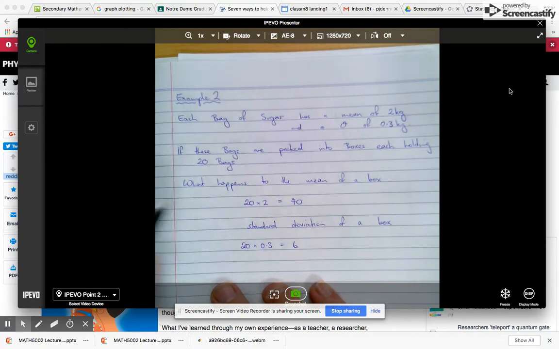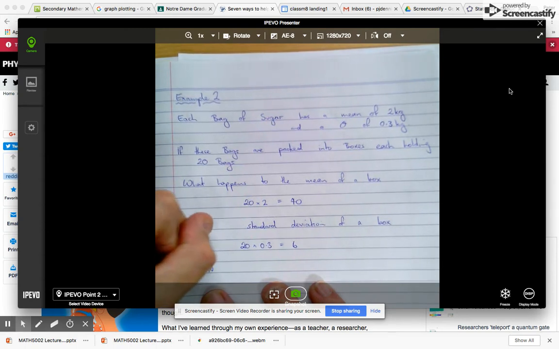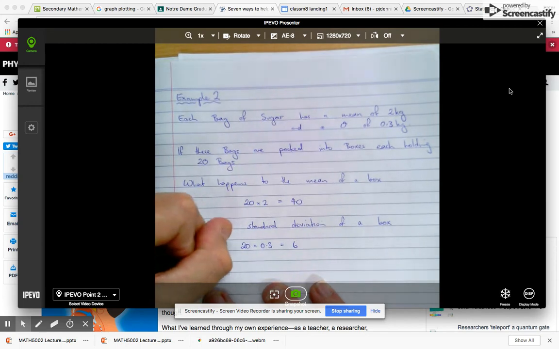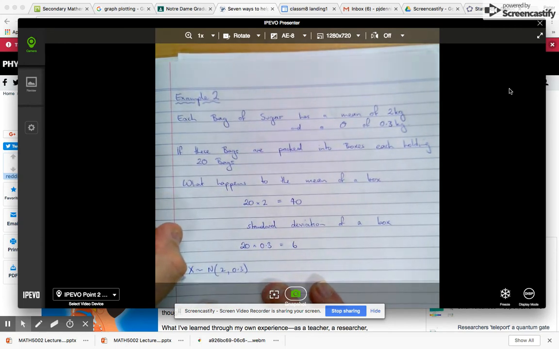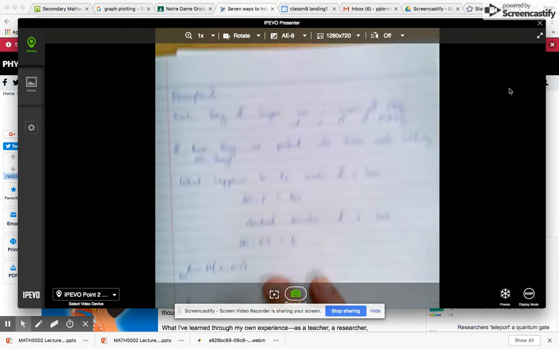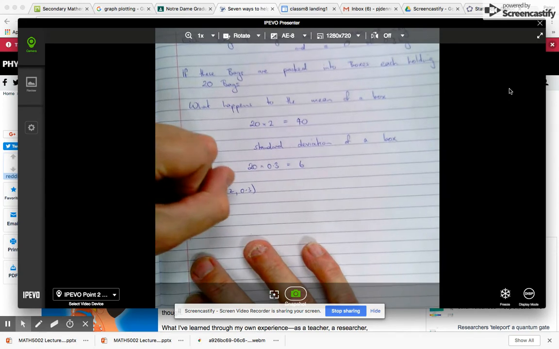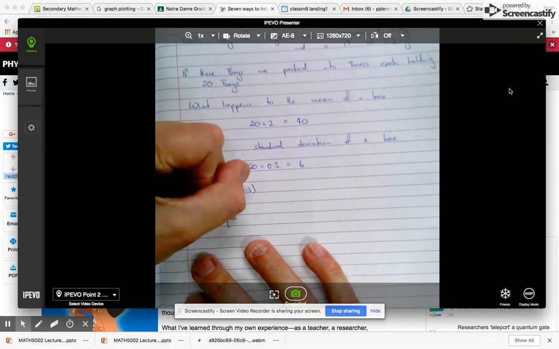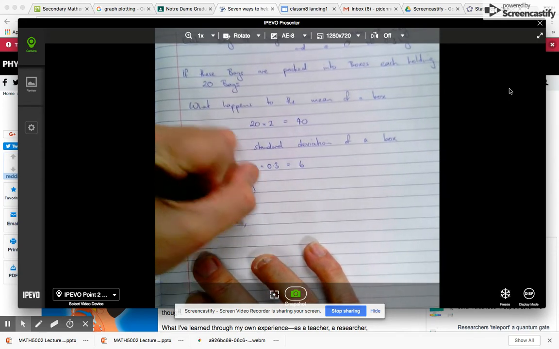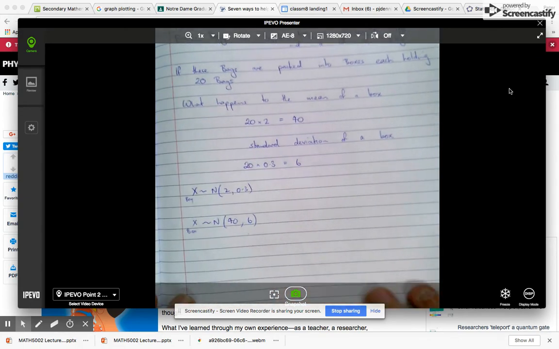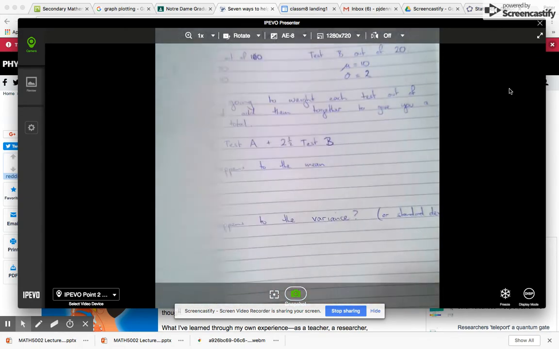So the distribution of the bags was normally distributed with a mean of 2 and a standard deviation of 0.3. The boxes would be normally distributed with a mean of 40 and a standard deviation of 6. And that's all that is.